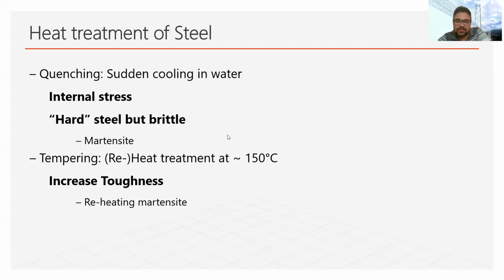I mean the steel is cooled and then again reheated. We reheat it below the critical temperature, that may be around 150 degrees Celsius, and then again we allow it to cool. So this process is called tempering.